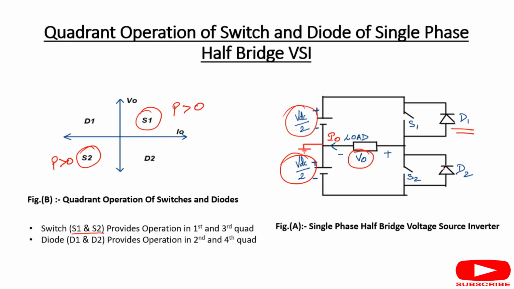Similarly, when diode D2 conducts, it reverses the switch current S2, but it does not change the voltage polarity. So that's why diodes D1 and D2 provide operation in the second and fourth quadrant. In both cases power is less than 0, so it delivers power.